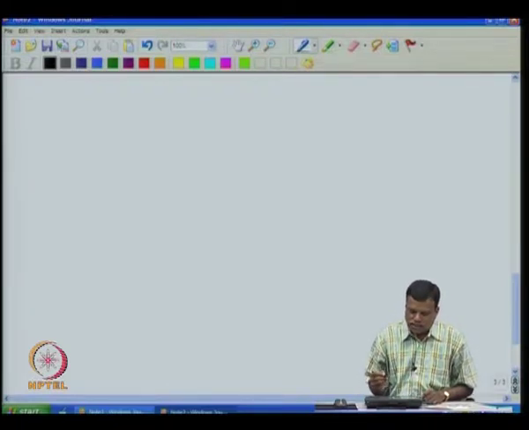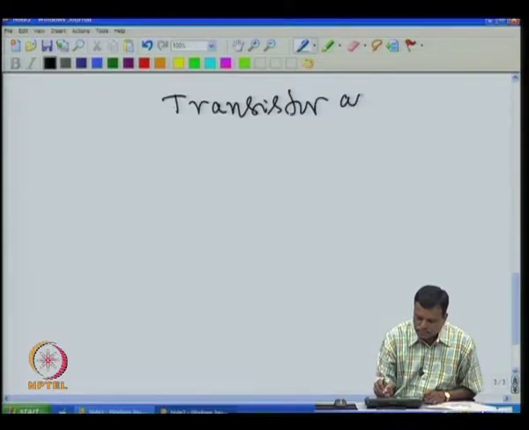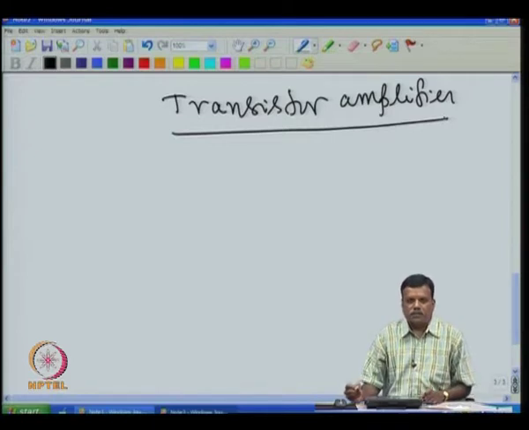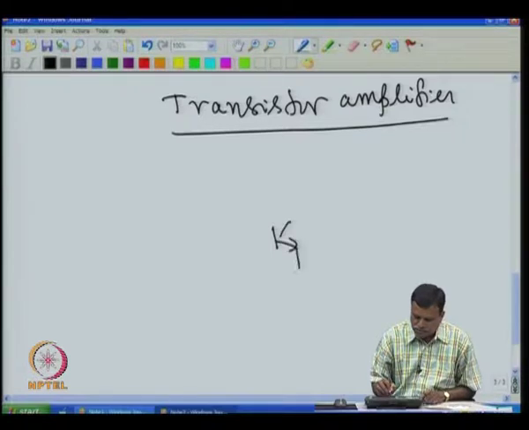So, if you take the transistor amplifier circuit, it looks like this. I take an NPN transistor, then the amplifier looks like this.